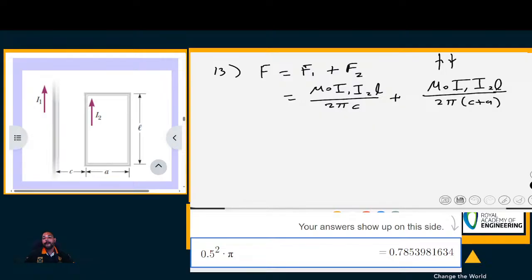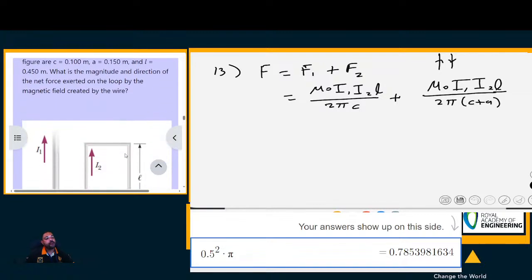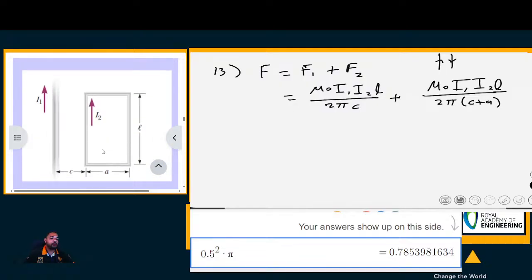And we want the magnetic force due to the one created by I1.